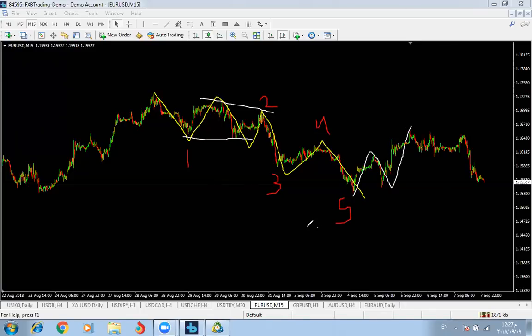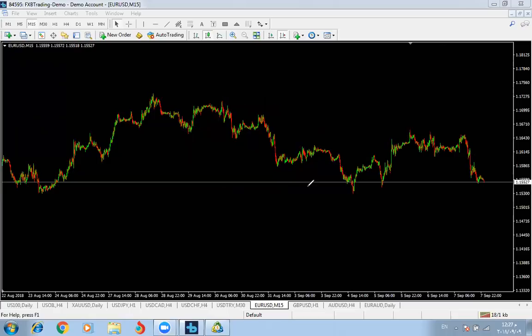So the whole structure, this is 1, this is 2, and the price should go to the downside. For those who took a long position, they can exit with a small loss and reverse their orders.